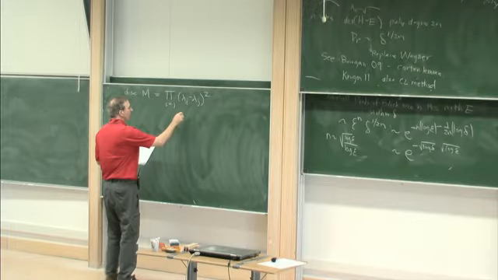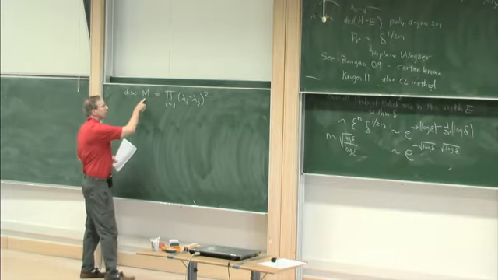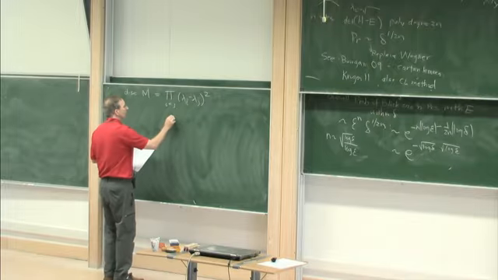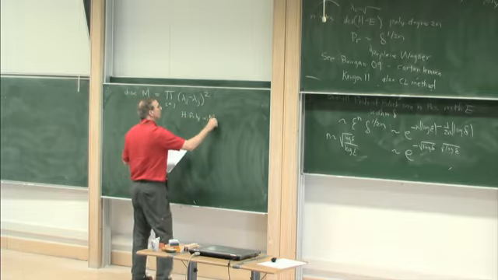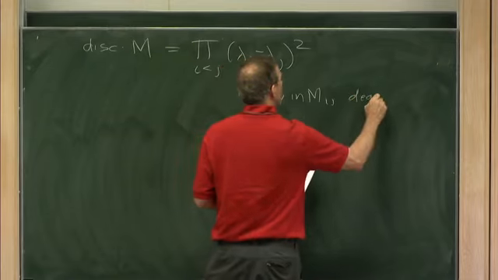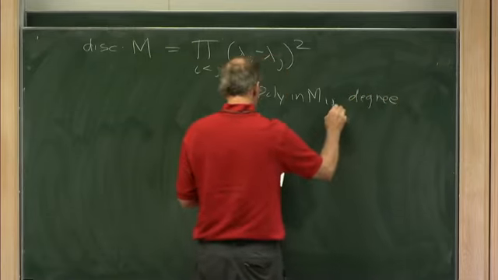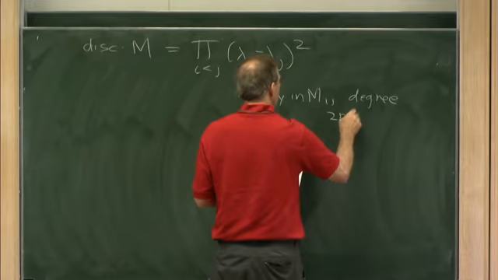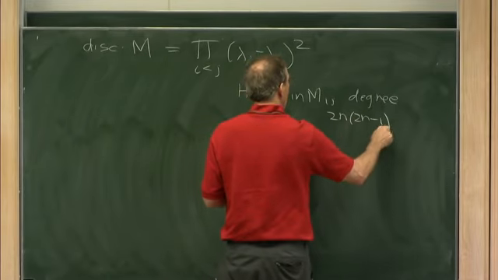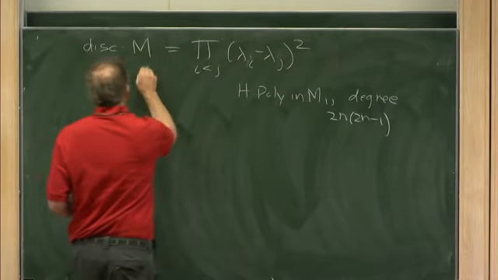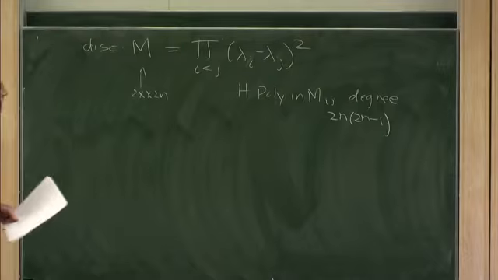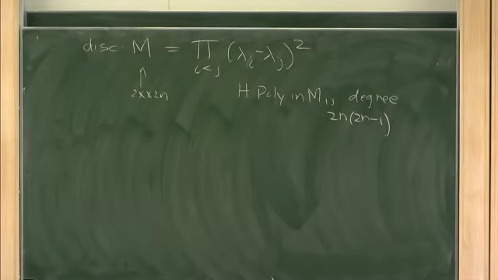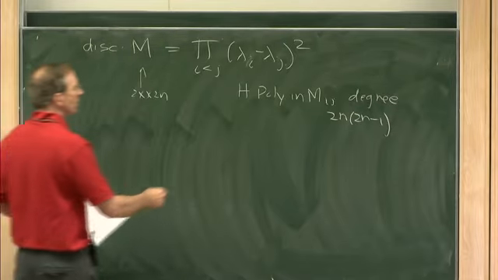And this is actually a homogeneous polynomial in the entries of M. And the degree is rather high, is 2n times 2n minus 1 if M is a 2n by 2n matrix. So basically 4n squared.